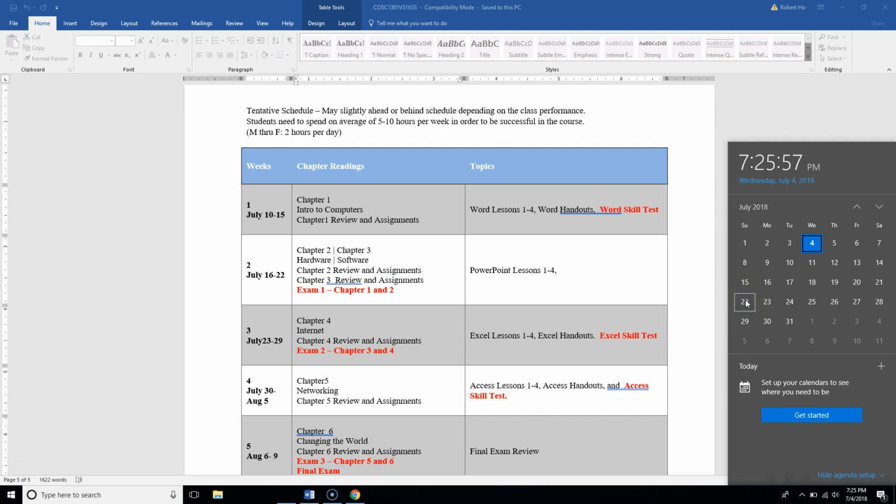So all assignments, including the exam, are due by midnight on the 22nd. And week number 3, from July 23rd to 29th, all assignments are due by midnight Sunday here.